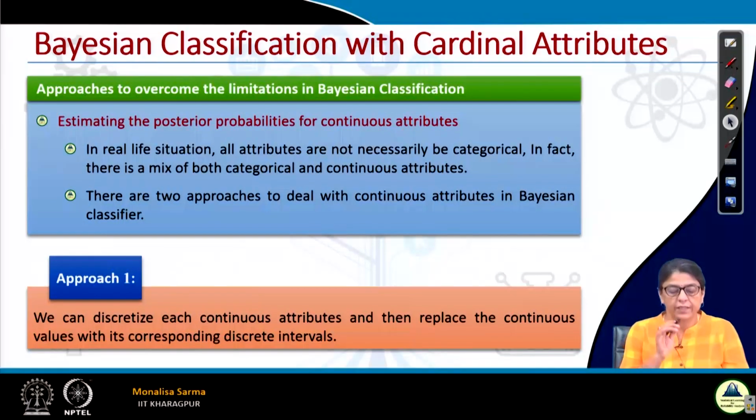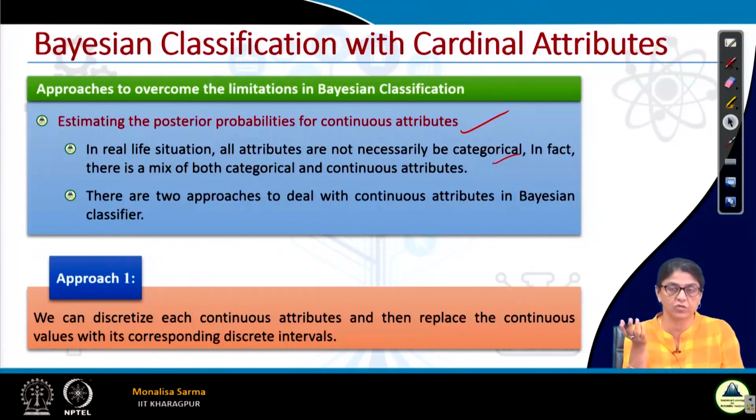Then sometimes, instead of categorical values, we get continuous values, because the Bayesian approach assumes categorical values. In real-life situations, all attributes are not necessarily categorical; in fact, there is a mix of both categorical and continuous variables.